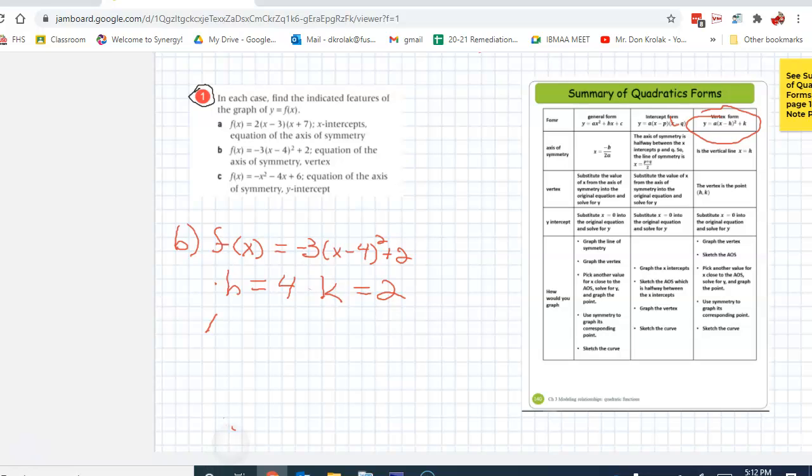So the axis of symmetry is x equals h, which in this case is 4, and then my vertex is (h, k), so that's going to be 4, 2.